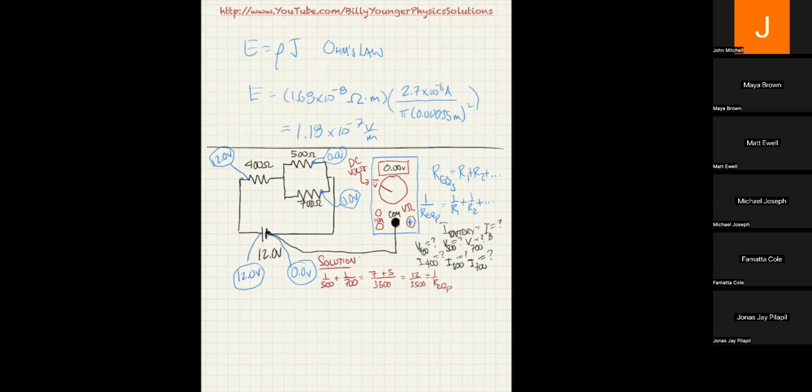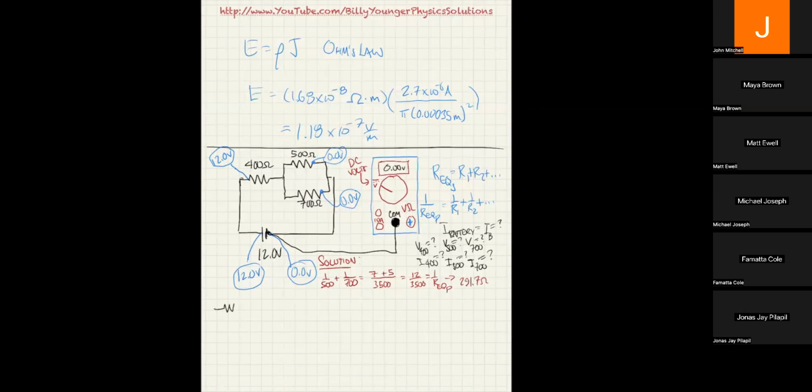Okay, now if you do that, it's really not that bad. You're just taking 3,500 and dividing it by 12, and it'll give you 291.7. So what that means is I can replace that part of the circuit. I'm going to draw just a part of it so we can fit it all in here.